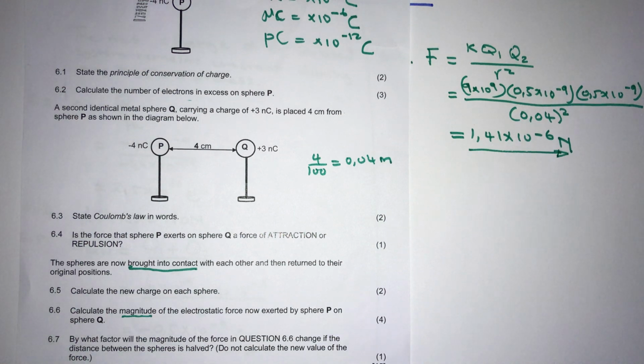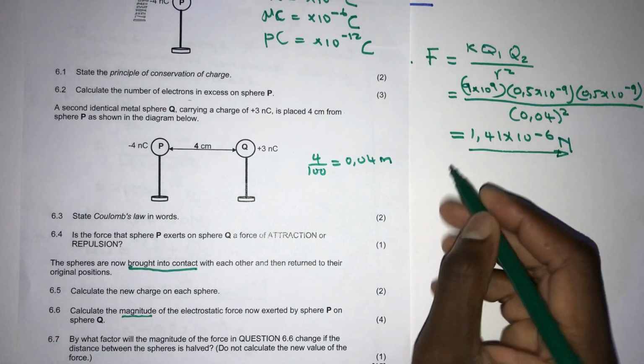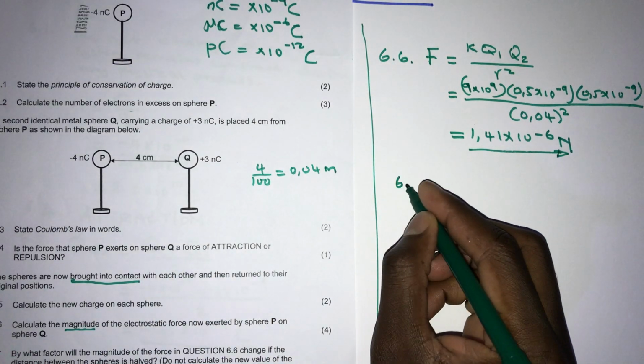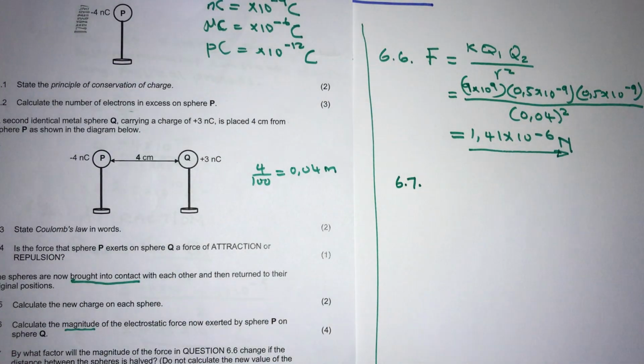Since electrostatic force is inversely proportional to the square of the distance, once we halve the distance, the force is going to be 4 times, because we halve the distance and then we square it. So the force is going to be 4 times.